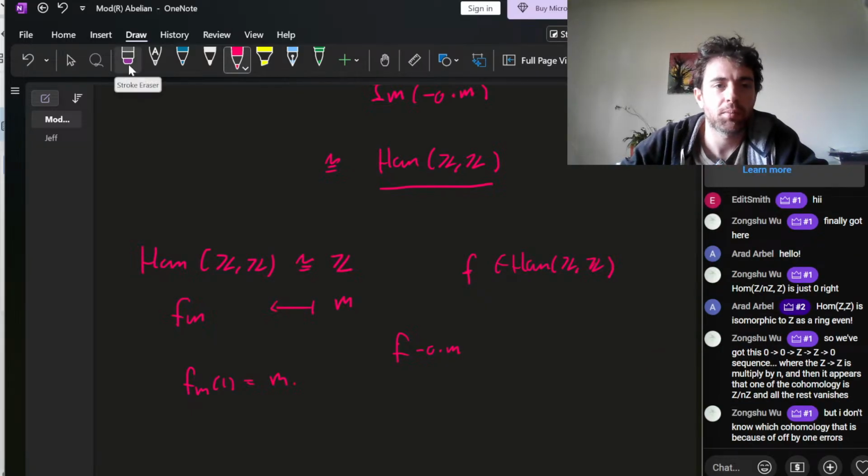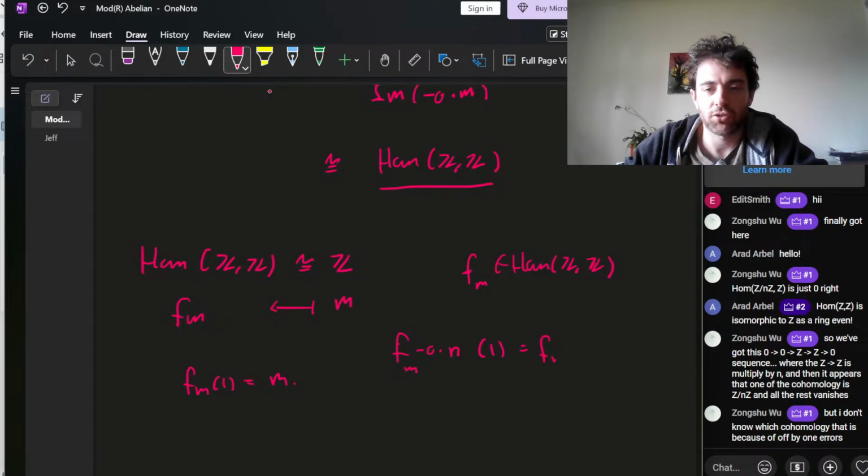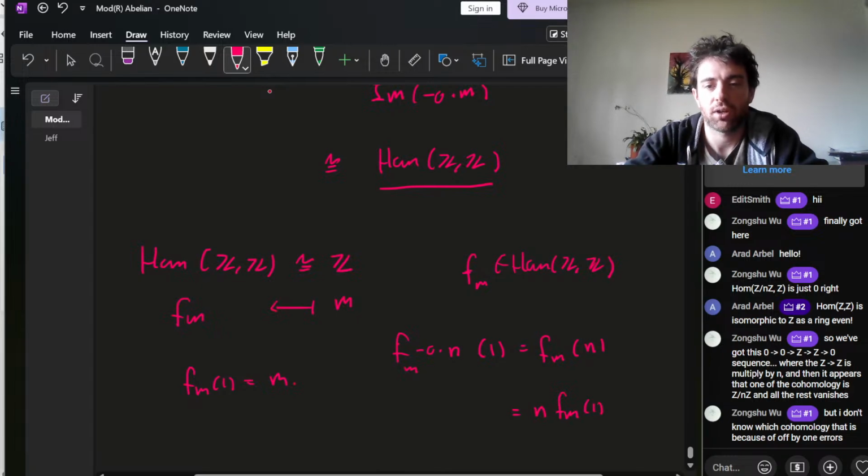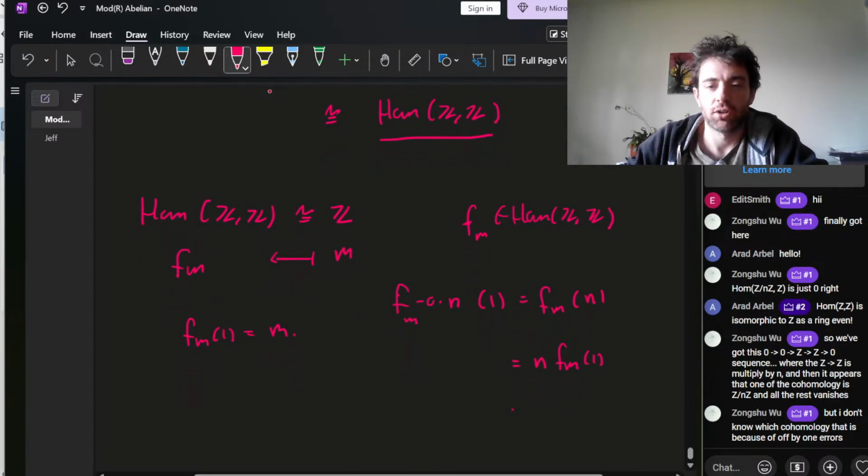Let me write it this way: I'll call this f sub n, and I'll compose this with the multiplication by n map. If we evaluate at 1, this is f sub m at n. It's a module homomorphism, so we can pull out the n. This is n times f sub m at 1, so that's equal to n times m.